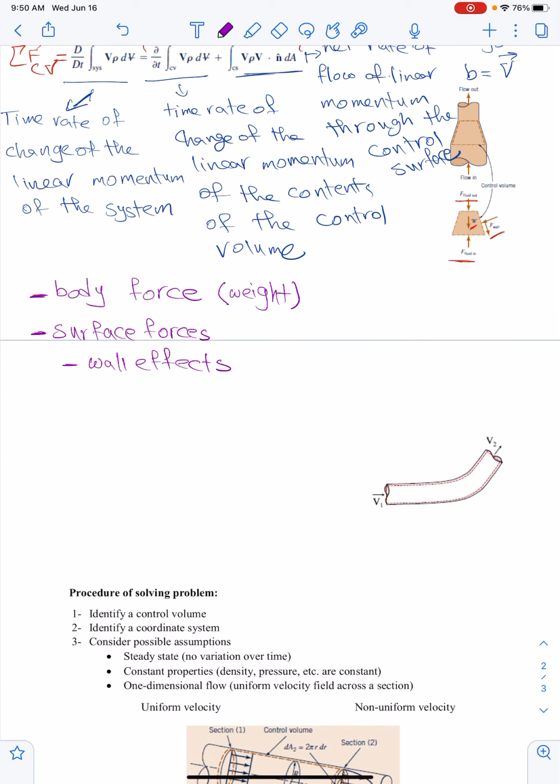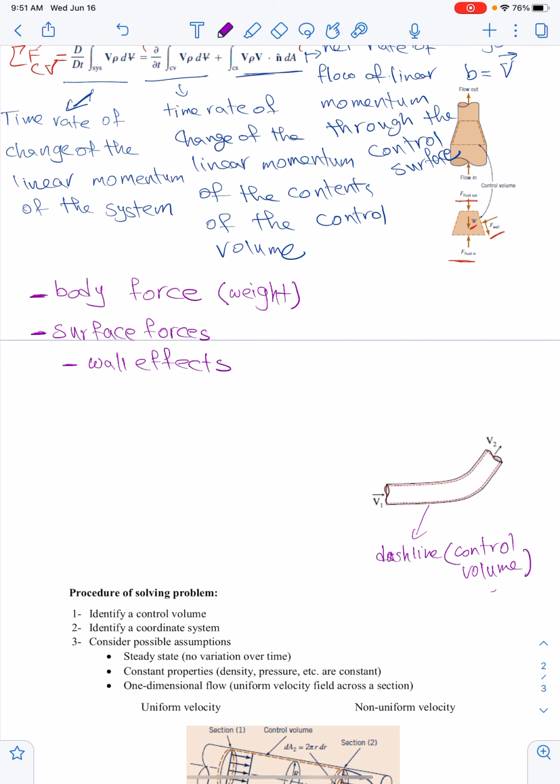So let's say the dashed line is our control volume, meaning the fluid inside the pipe, right?